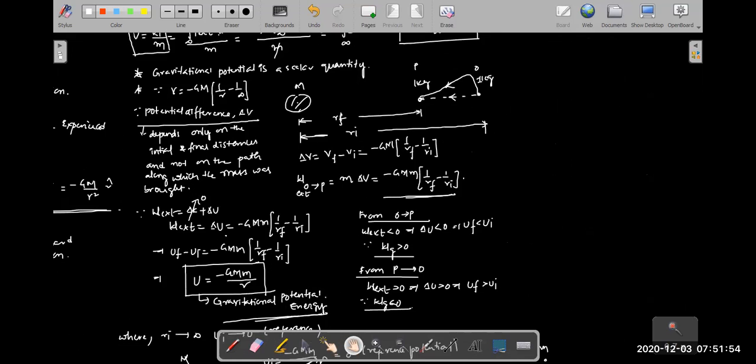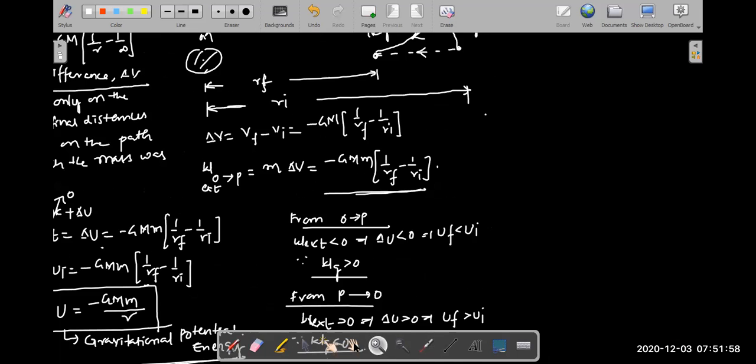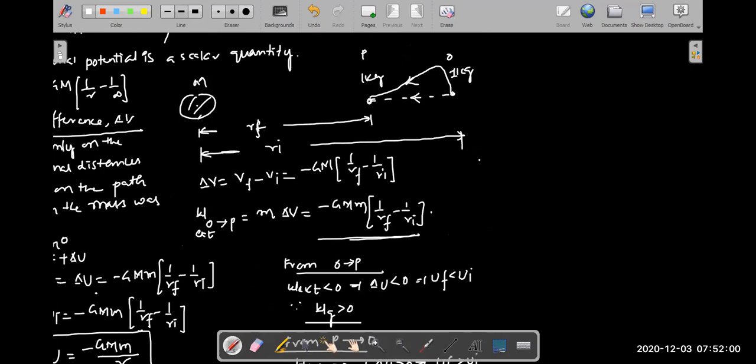You see, let's say you brought and placed the mass directly at point P, then work done is mass times potential at point P. Is that okay? Yes, sir. Work done in bringing to O will be mass times potential at O.